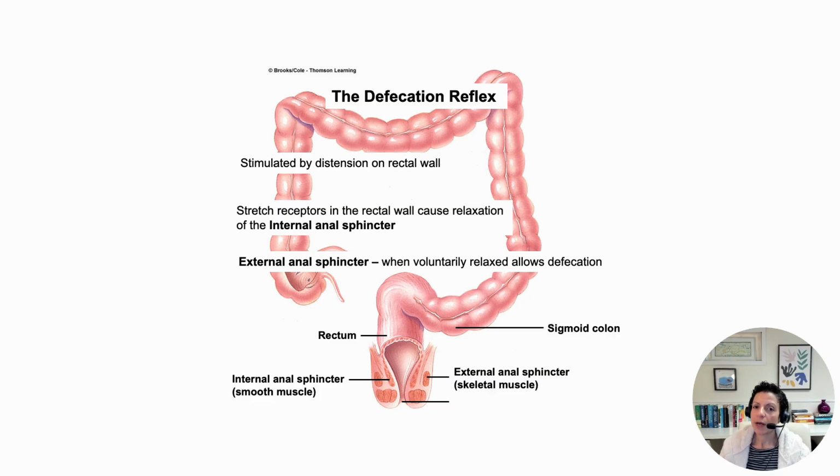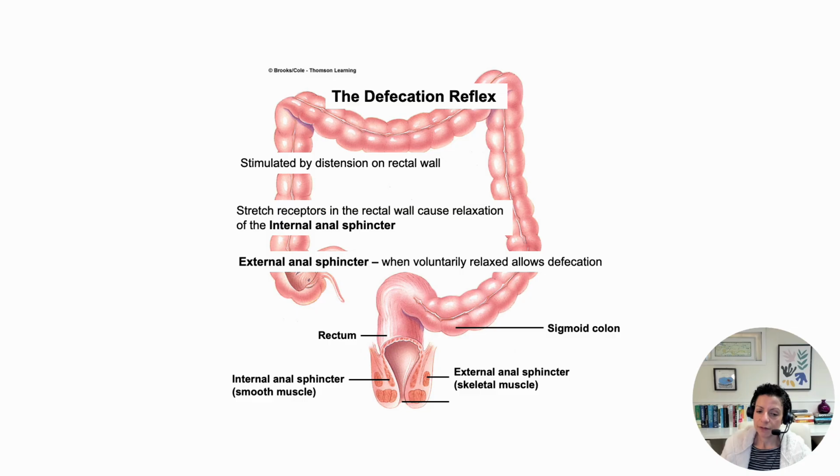So if you have one of these mass movements and it is enough to drive feces into the rectum, it's going to cause distension of the rectum, the stretch on the rectal wall. When that rectum stretches, those stretch receptors cause a reflexive relaxation of your internal anal sphincter.